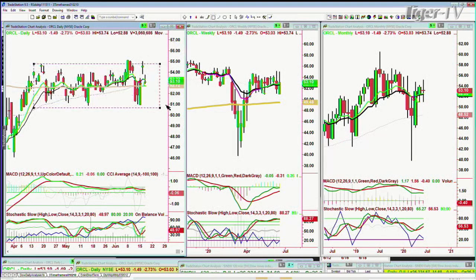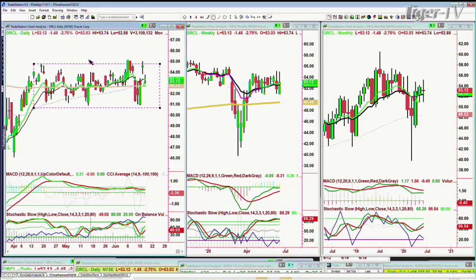And it's stuck in the range. If it can break and close above 55.55, it needs to close. It can't just hit it. This one has to close above that. That would say to me that not only is leg A, B, that says that the weekly chart is holding very nicely at 88% and the MACD is good and it's going to help a lot.